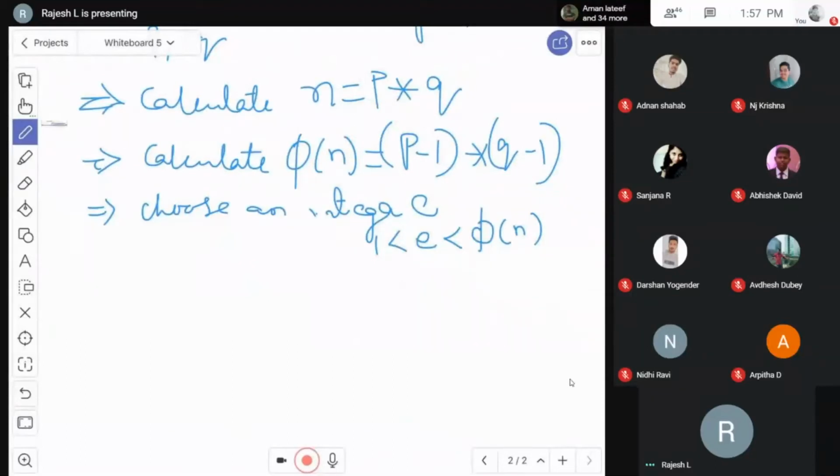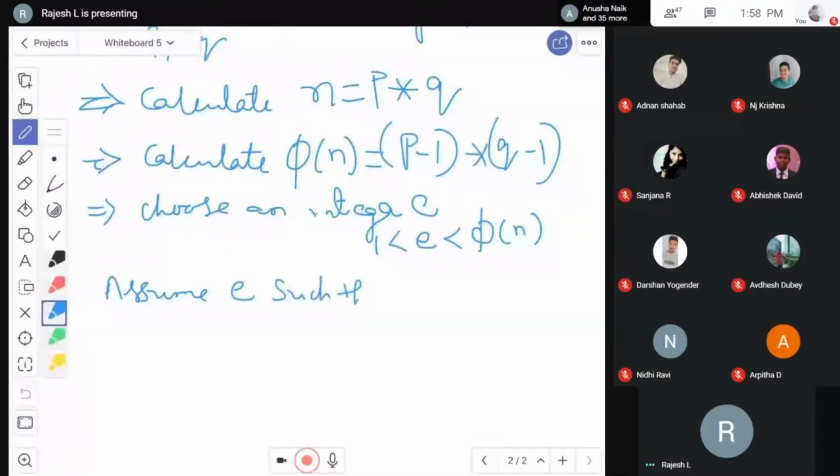Now we want to determine the encryption key. Assume E for encryption such that the GCD, the greatest common divisor, of E comma phi of n is equal to 1.